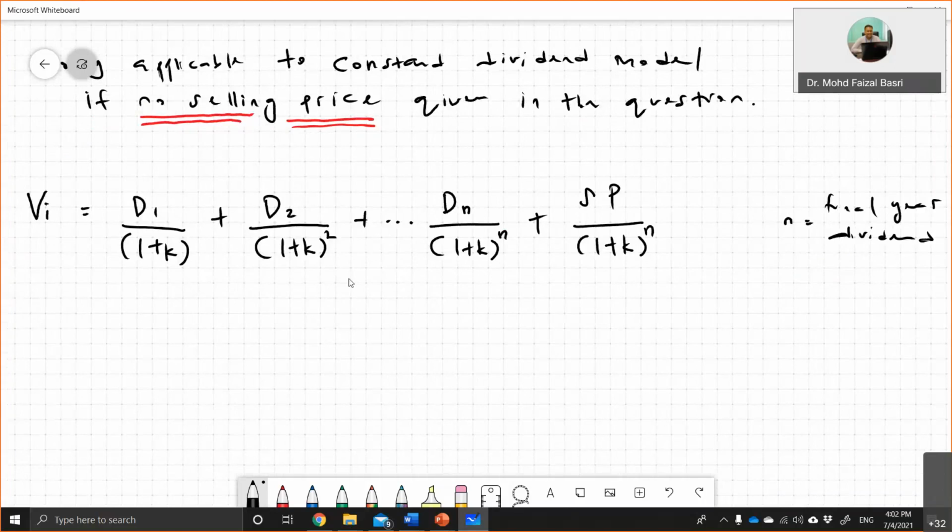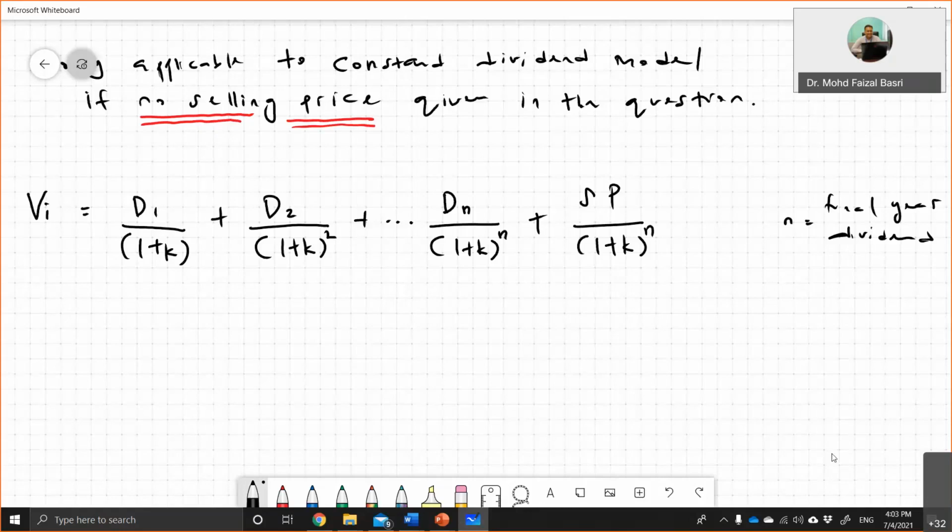We start from D1 divided by 1 plus K, plus D2 divided by 1 plus K to the power of 2, and then we add as many dividends as we have in the question until the final year, n. Let's say you have 4 years, so it will be D4 divided by 1 plus K to the power of 4, plus the selling price during the fourth year, divided by 1 plus K to the power of 4. So this n and this n should tally, they should be the same.